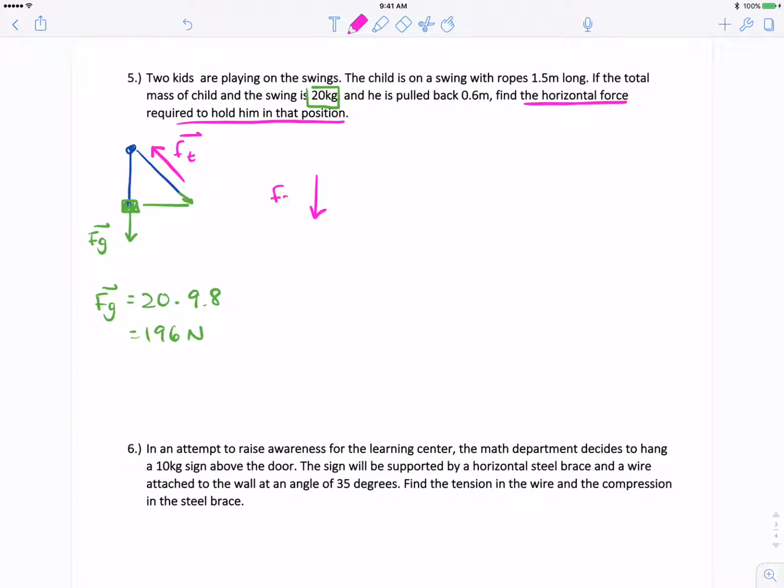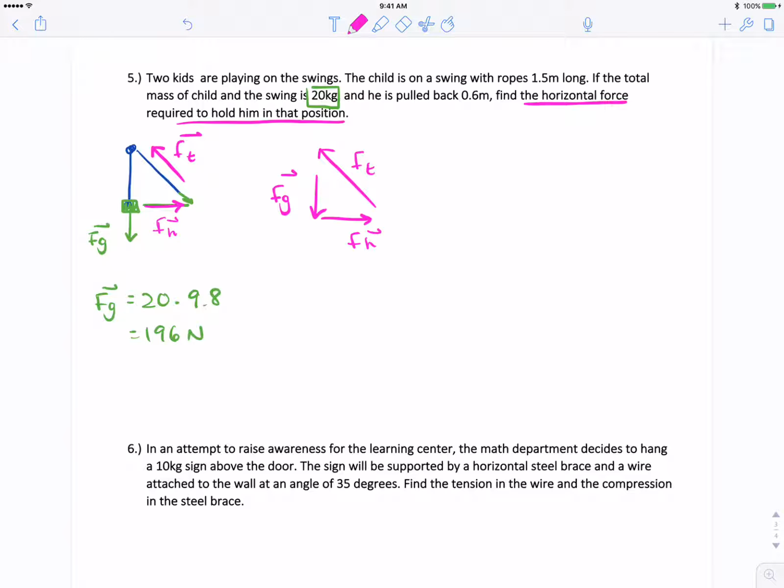F of G goes down. I also have another force. What other force is acting on my person? Okay, except in this case it's not a normal force, it's a horizontal force. But it's the same idea, that I have a horizontal force from this person acting at this angle. F of H, it's a horizontal force. So F of G, F of H. And I have my force of tension.